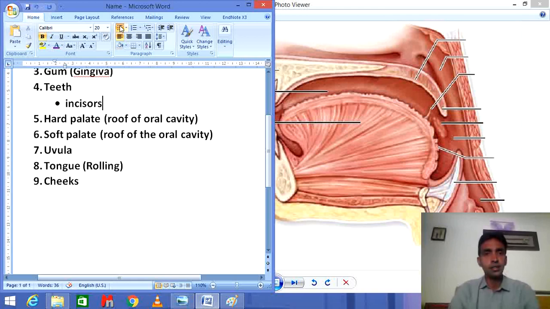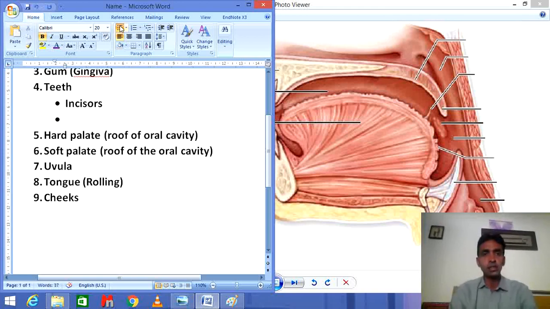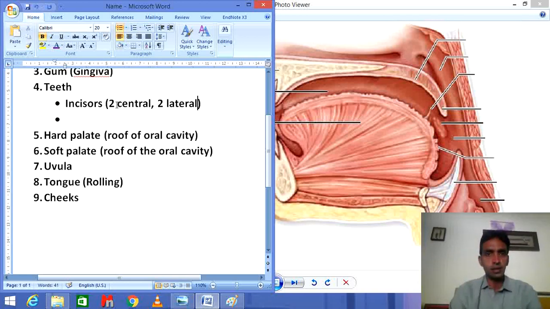There are four incisors in the upper jaw and four incisors in the lower jaw. In the incisors, two are central incisors and two are lateral incisors.